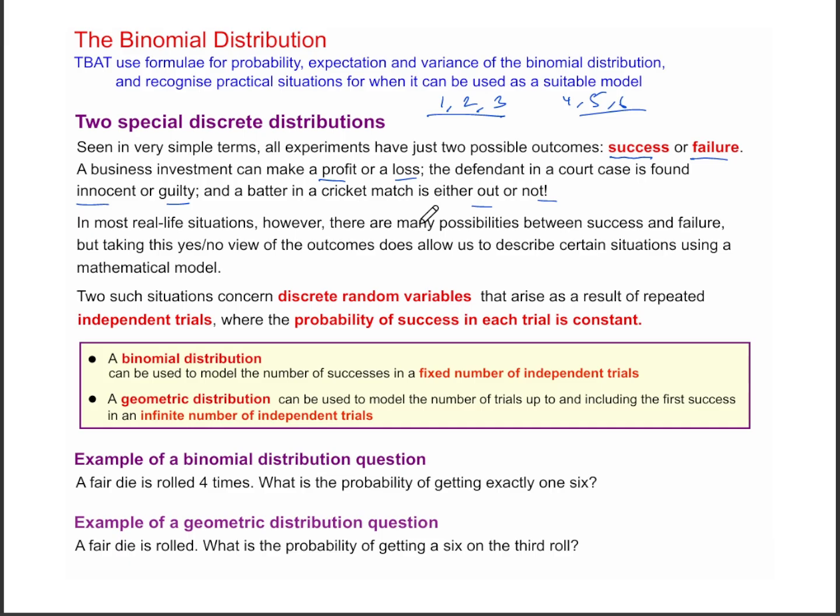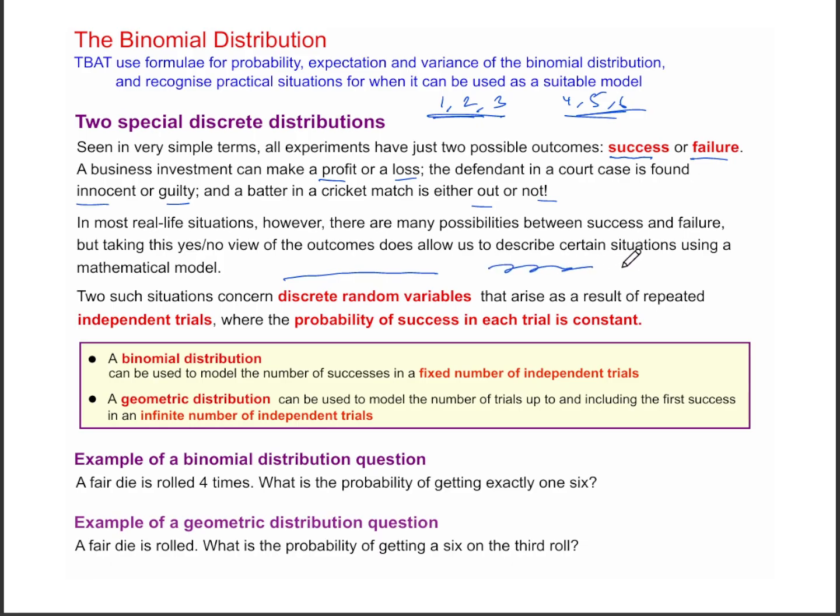So as I said, there are many possibilities between the success and failure. But if you take just a yes and no view, meaning something that you want versus something that you don't want, it allows us to describe these situations using these distributions. These situations are again about discrete random variables, and they happen with repeated trials, meaning the action is happening over and over again.